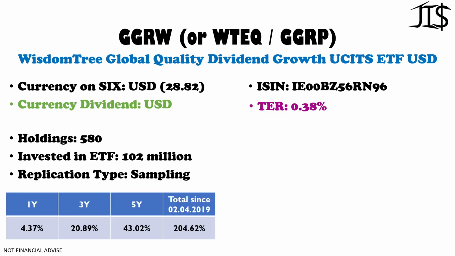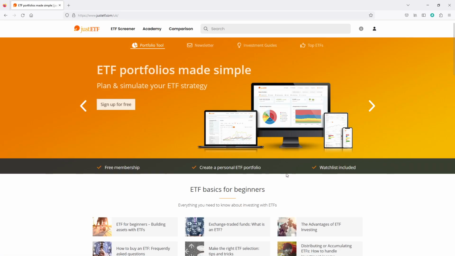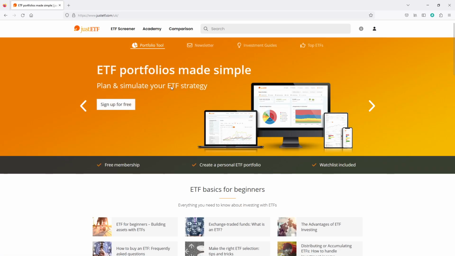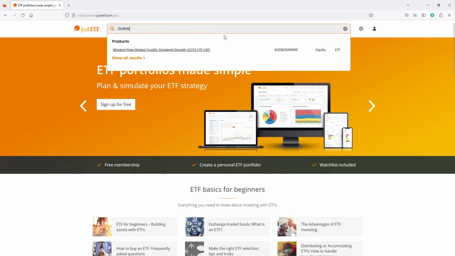And this one has an outstanding performance, as you can see. The last year 4.3% up, the last 3 years 20.89% up, the last 5 years 43% up, and since 2019, 204.62% up. I think that needs to be a mistake. I don't know whether or not I can, so it's GGRV, GGRV, WisdomTree.